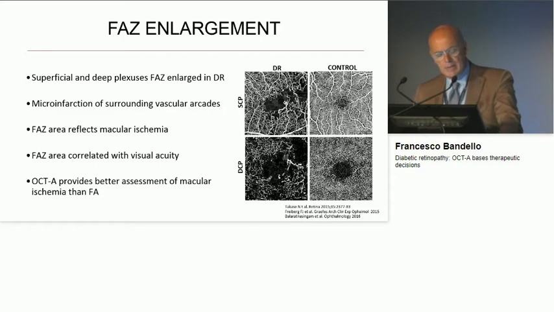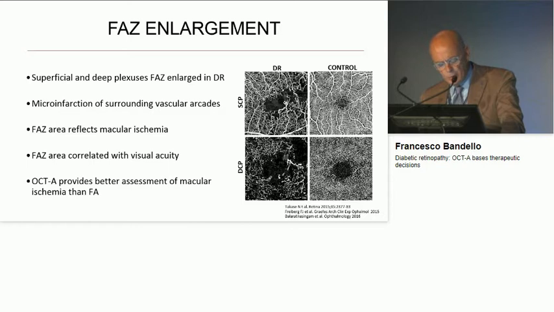And you can see some microinfarction of the surrounding vascular arcades. And there is also some evidence that there is a relationship between the foveal avascular zone area and the ischemia at the macular level. And there is also a correlation between the foveal avascular zone and visual acuity.